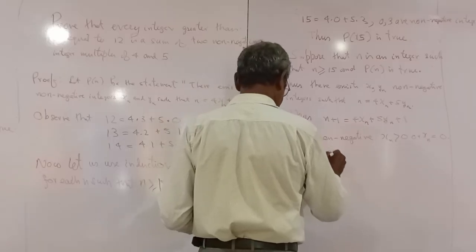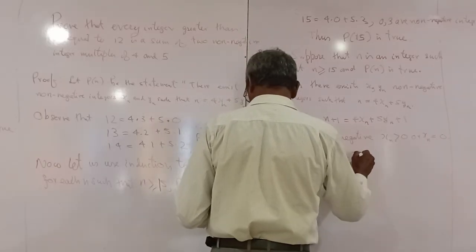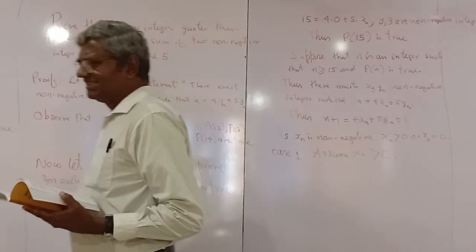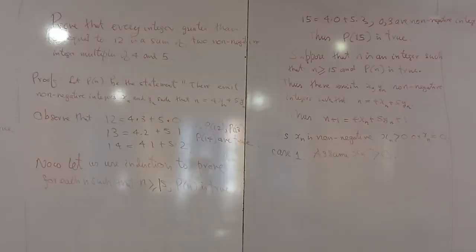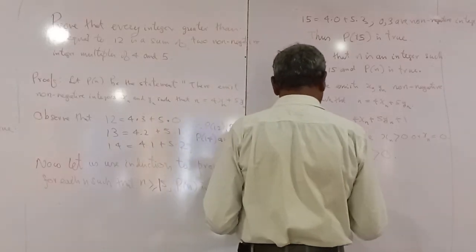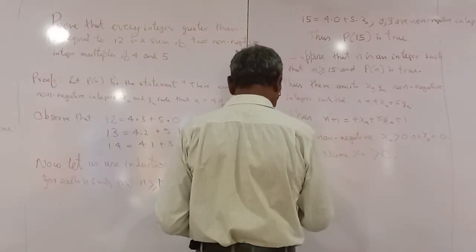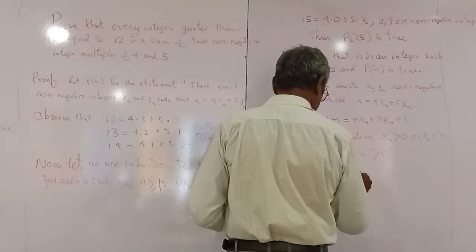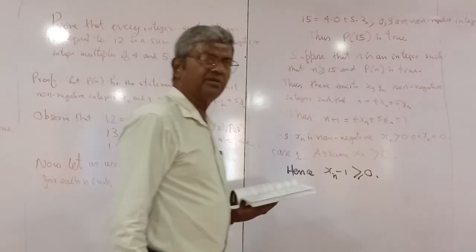Assume x_n is strictly greater than 0. Hence, x_n minus 1 is greater than or equal to 0.